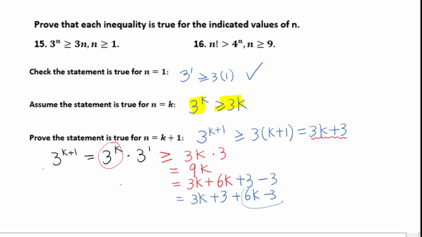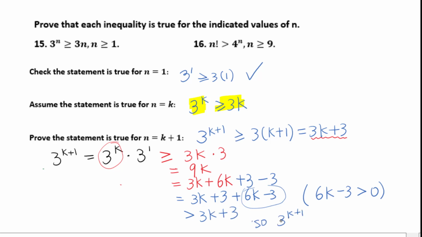Just check 6k minus 3 is positive or negative. We know the 6k minus 3 is greater than 0. In other words, 3k plus 3 plus 6k minus 3 will be greater than 3k plus 3.